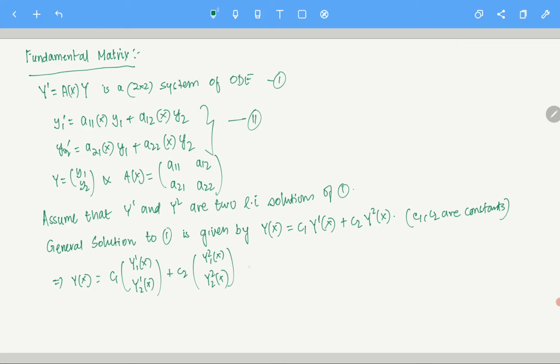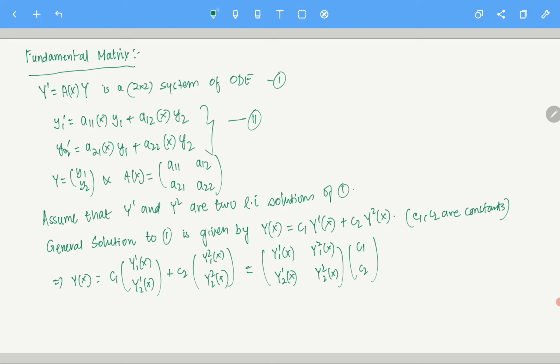I can write it as the matrix y11 of x, y12 of x, y21 of x, y22 of x, times the column c1, c2. The first component of y will be c1 y11 plus c2 y21, and the second component is correspondingly the other one.